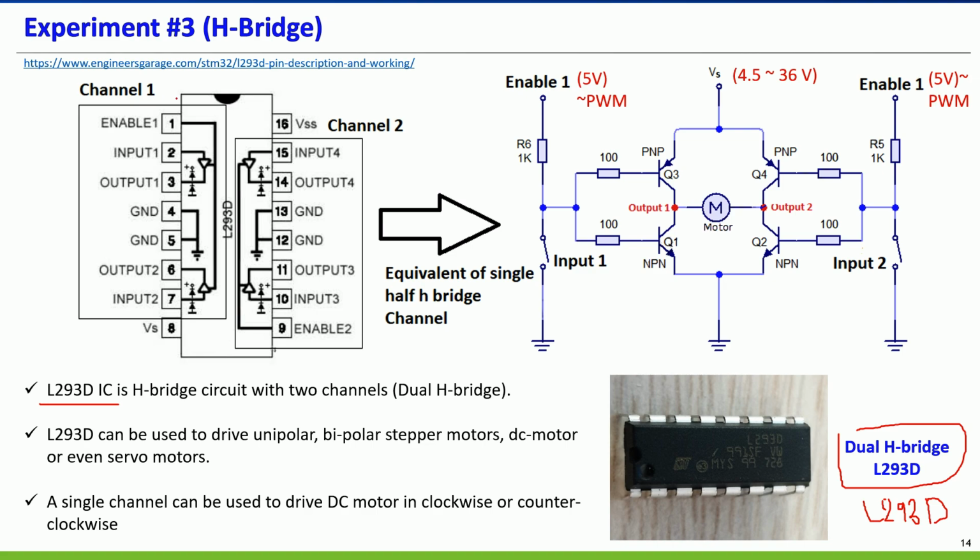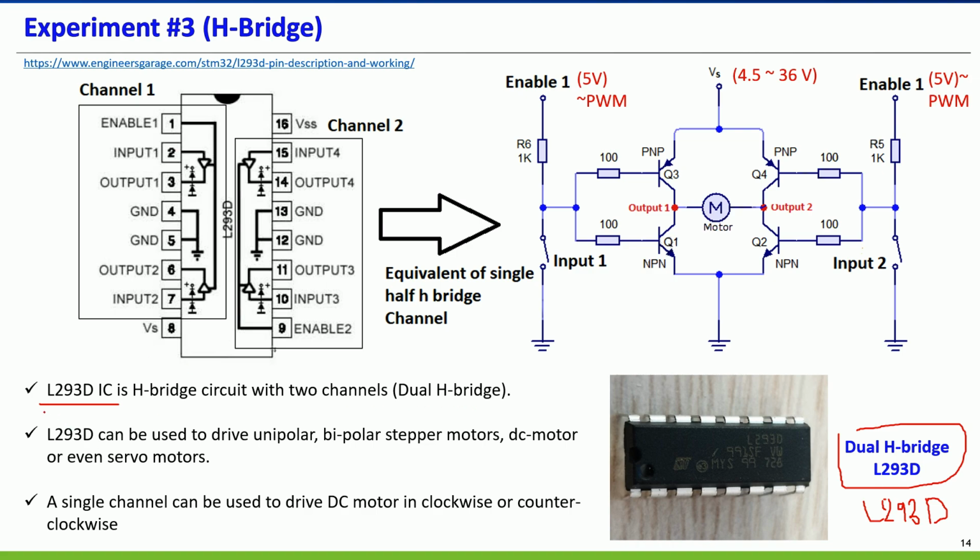This one is for channel 1. For the H-bridge we use pins 1 to 7, and then for channel 2 using these pins 9 to 15.